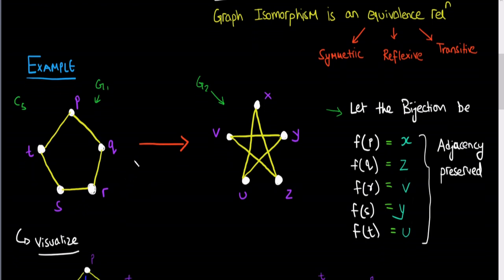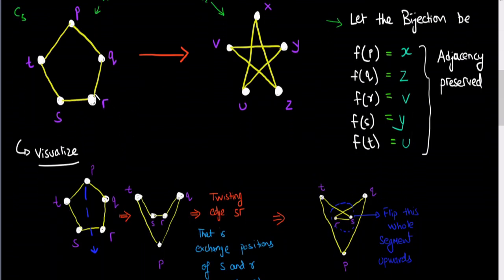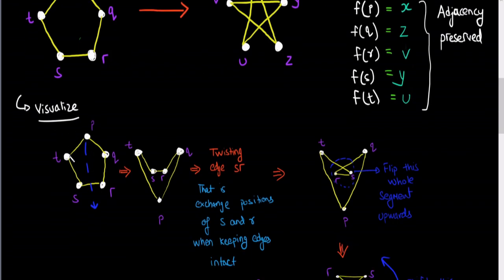Okay, so I've prepared a small visualization to help you see how we convert this graph to this graph. This is a visualization of your bijection and how we move and transform all the vertices and map them to make this graph G2. So you've got graph G1 as it is, as shown here.